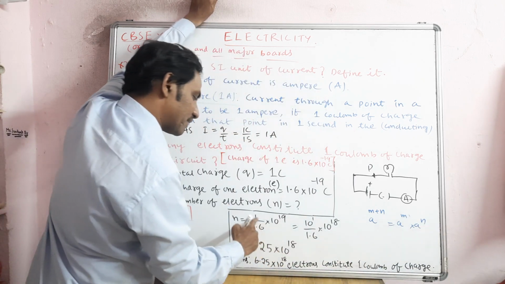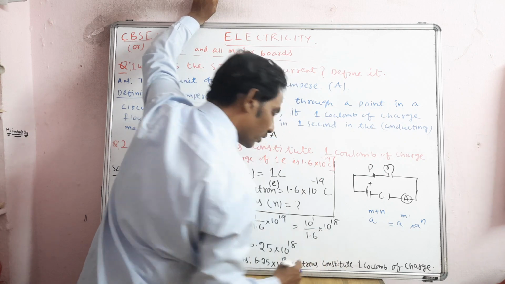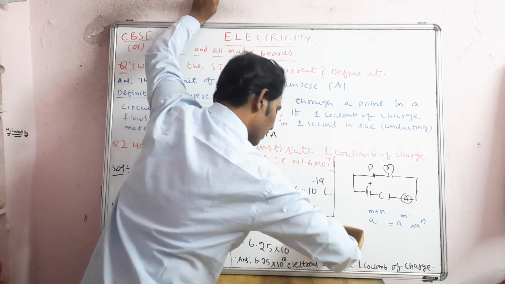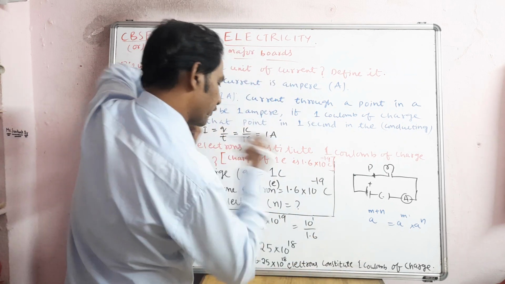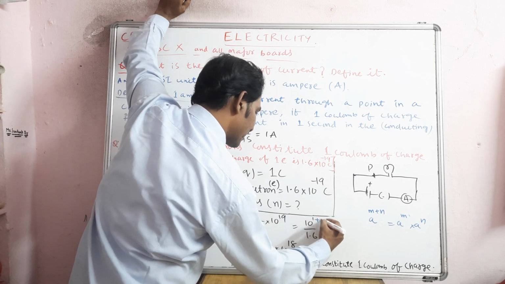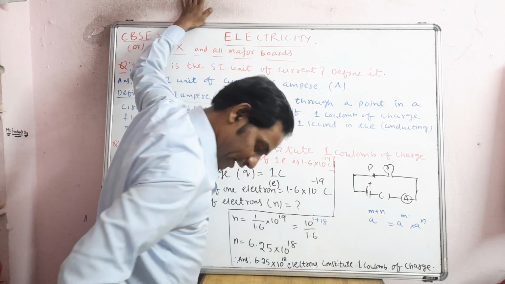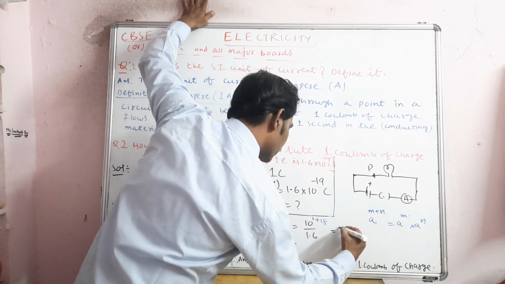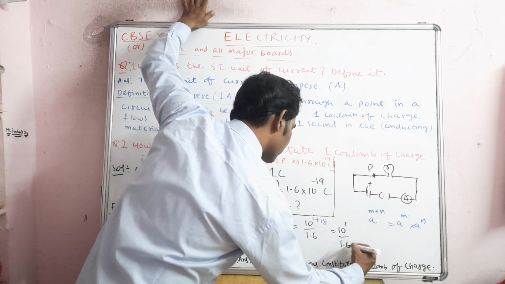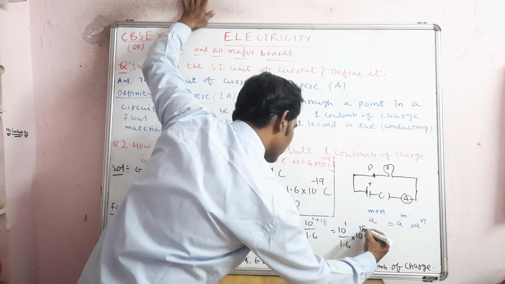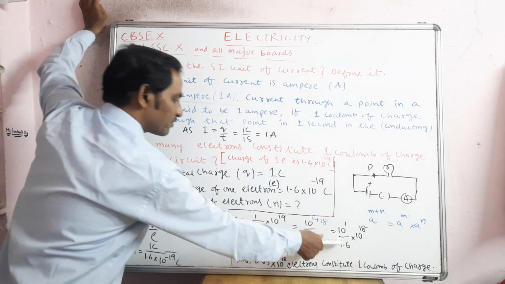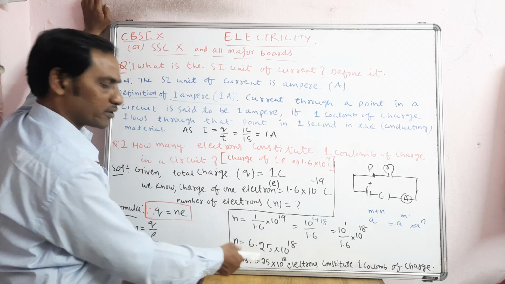So 19 can be written as 1 plus 18, giving 10 to the power of 1 into 10 to the power of 18, and this 1.6 stays as it is. Now dividing 10 by 1.6 is easy for you, you get 6.25 into 10 to the power of 18.